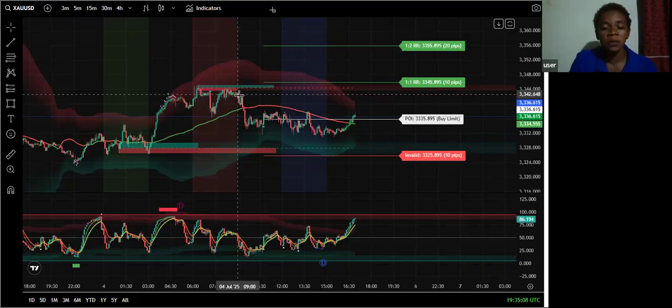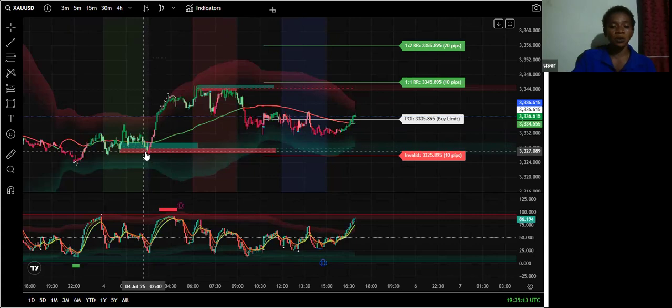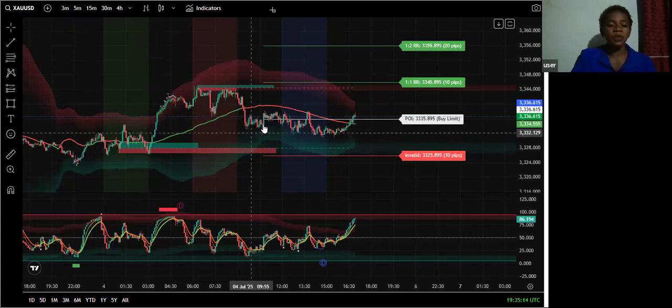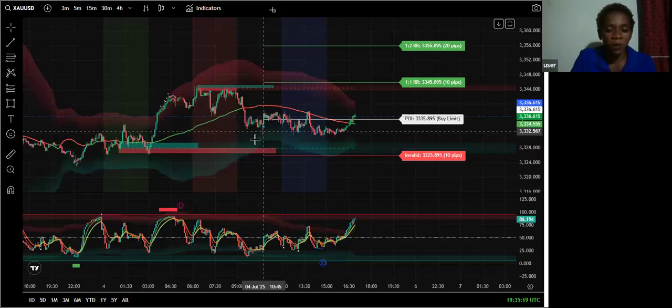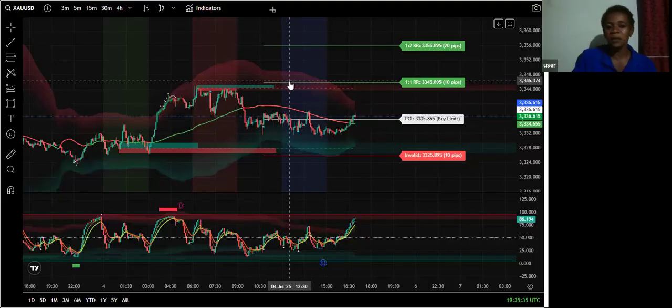Selling from the resistance zone, we actually see a zone below. Instead of me continuing to sell or being greedy in the market, I can't sell close to this zone because anything can happen, especially when there is news. You might just say, okay, let me push my take profit inside this zone. The market might tap into this zone and then give us a very long spike reversal. That is if news triggered it.